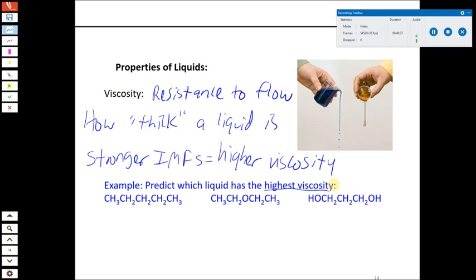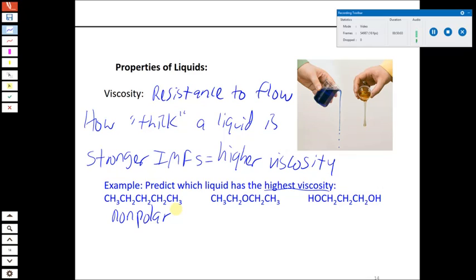All right? So if we look at this first one here, this hydrocarbon, which is called n-pentane, CH3, CH2, CH2, CH2, CH3. A shortcut that I told you earlier that's helpful to remember in this section is that anything that's a hydrocarbon, where carbon and hydrogen are the only two elements, those are always going to be nonpolar. The reason is basically because you have no lone pairs in these structures.